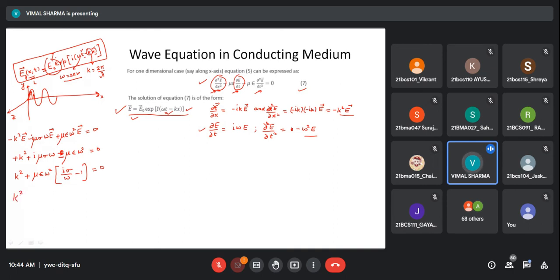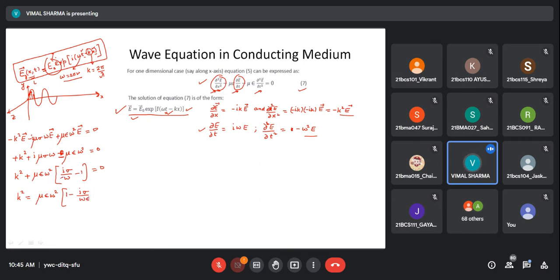I'm interested in k, so small k square is equal to mu epsilon omega square times 1 minus i sigma over omega.